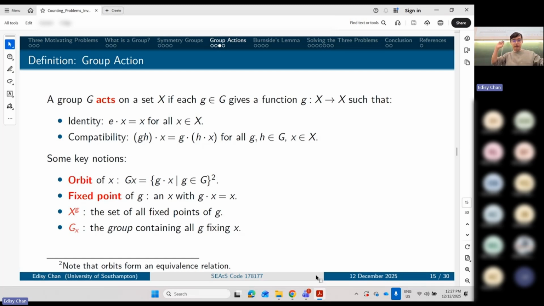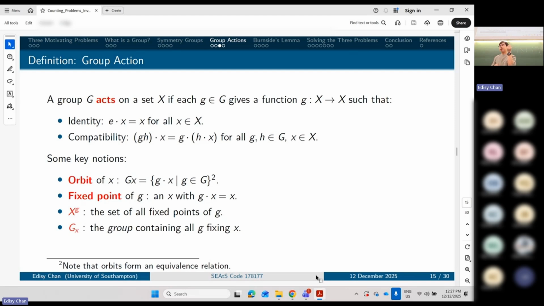That formula is not very hard to understand. I will explain and interpret it, but some of the notation you had better just remember. Like the orbit of x, we use Gx, with no subscript, just G and x together. That means we are taking all the elements in X that are moved by G from x.